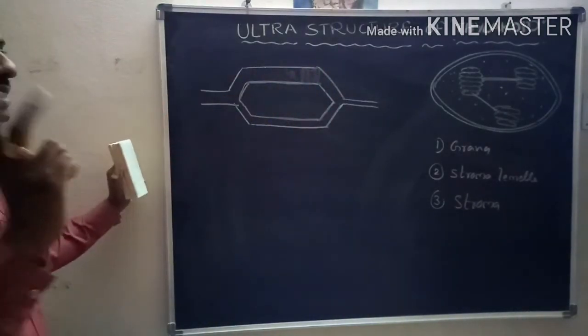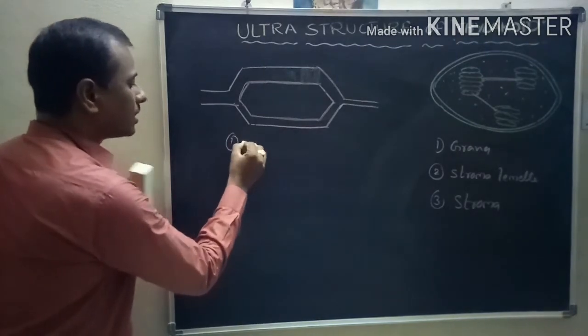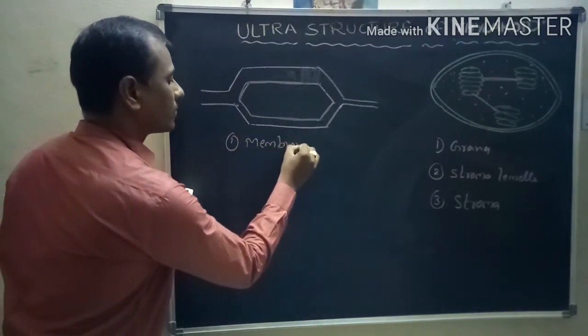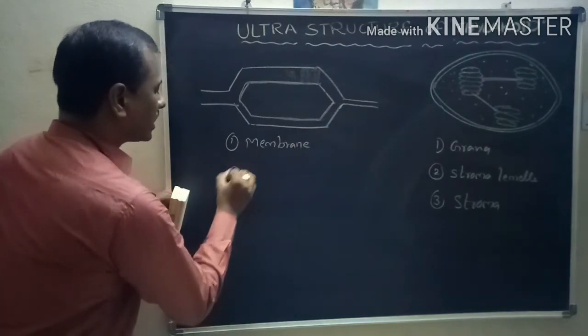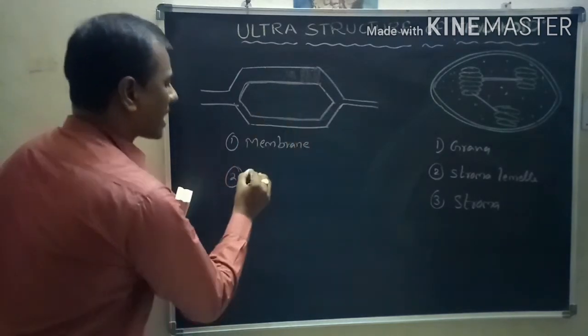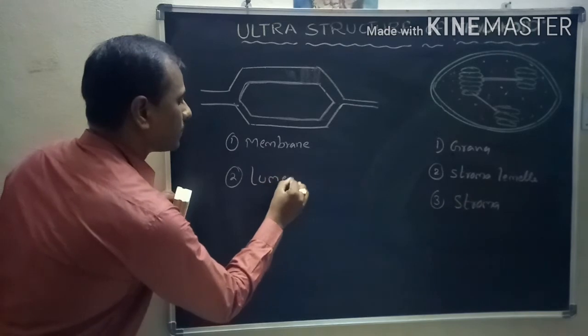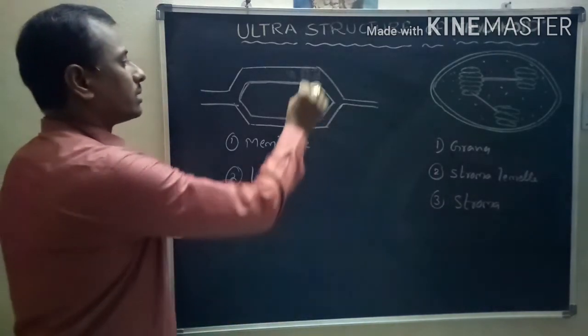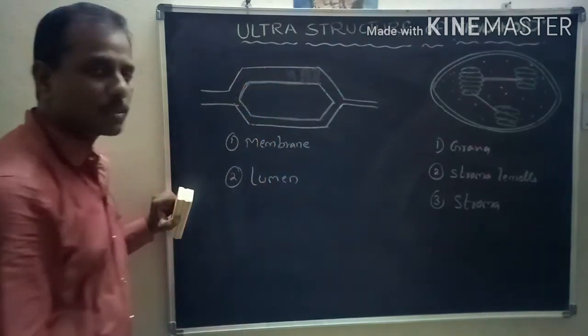There are two parts in the thylakoid. One is the membrane. The second one, the inner chamber, is called the lumen. Membrane and lumen.